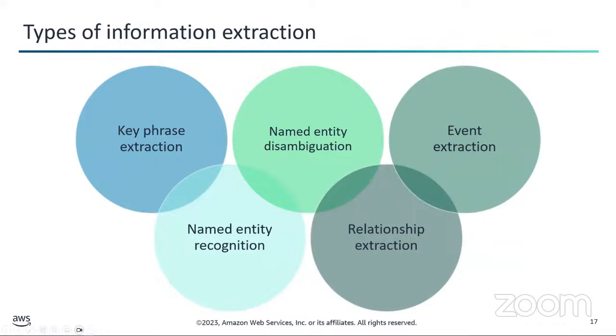So what are some of the different types of information extraction? These are the basic 5 types of information extraction. Key phrase extraction, which is extracting useful words or phrases from the text. Then NER, or named entity recognition, identifies entities such as people's names, locations, organizations, dates, product names.